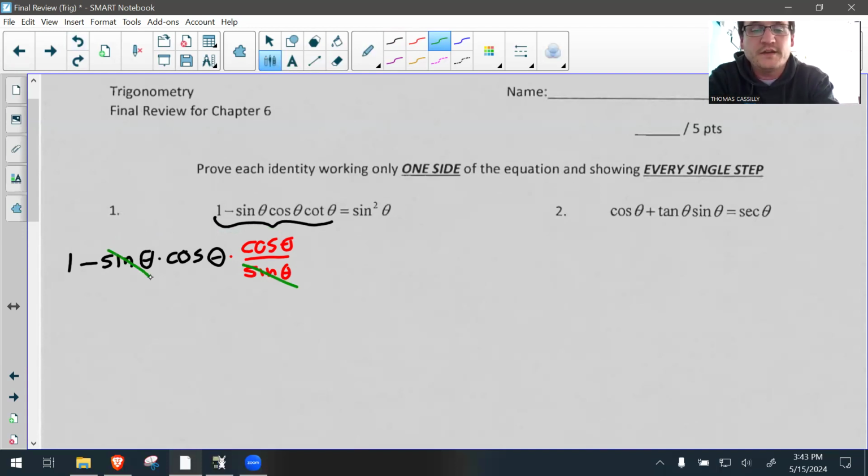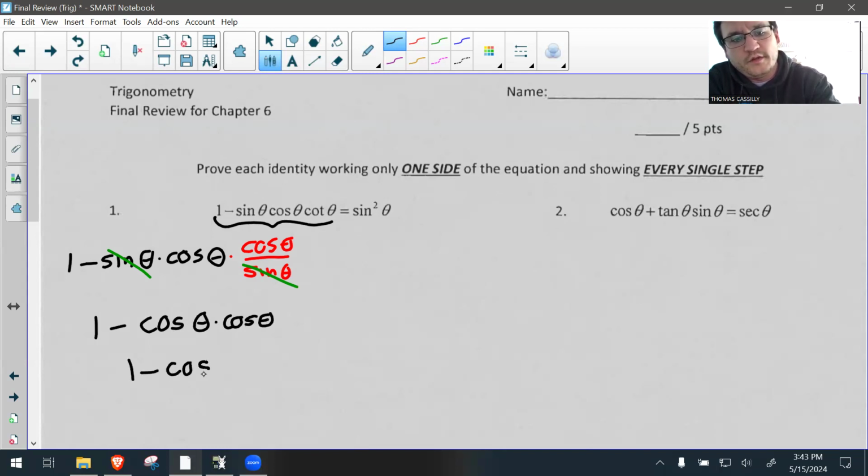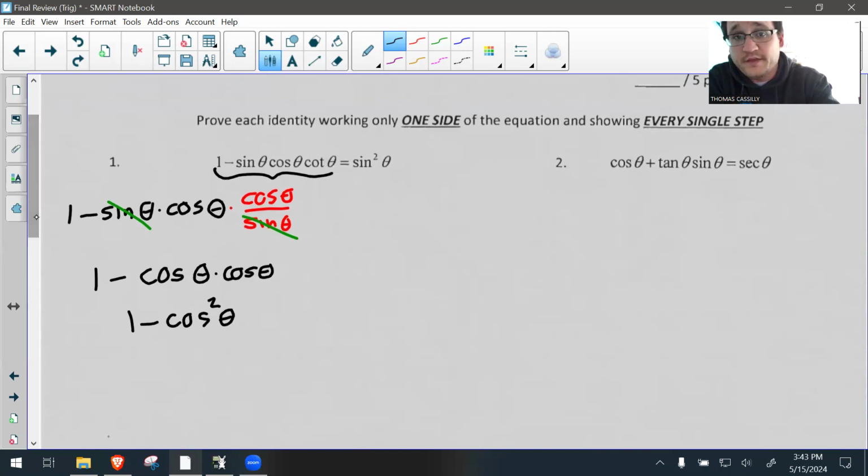What's left over is 1 minus the cosine of theta times the cosine of theta. But cosine of theta times cosine of theta is really the cosine squared of theta, and that is that Pythagorean identity we talked about. This is equal to the sine squared of theta, which matches the right side of our equation.